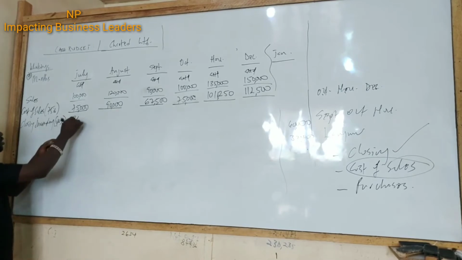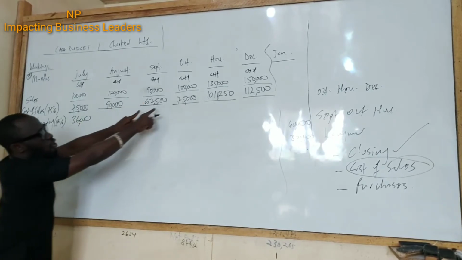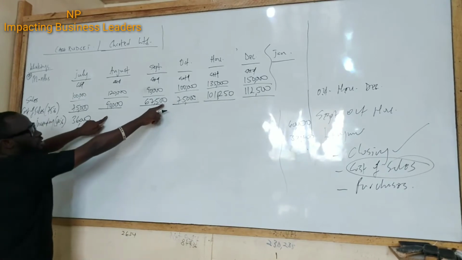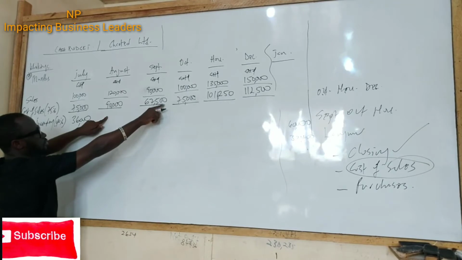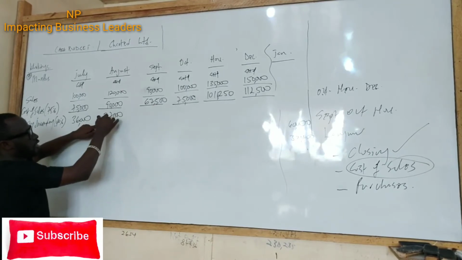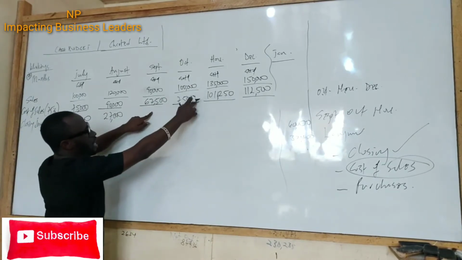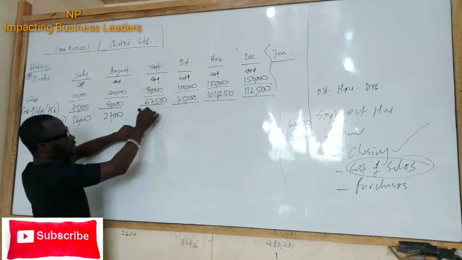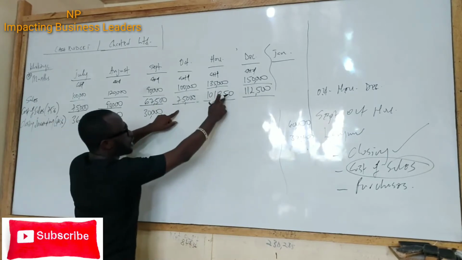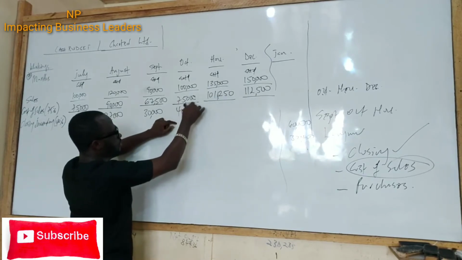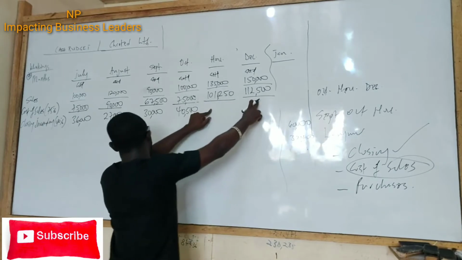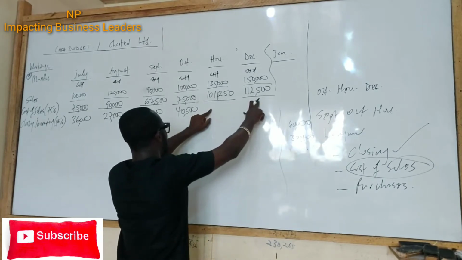That is 36,000. Then of the next month, 67,500, 40% is 27,000. Then 75,000, 40% is 30,000. Then 101,250, 40% is 40,500. Then 112,500, 40% is 45,000.